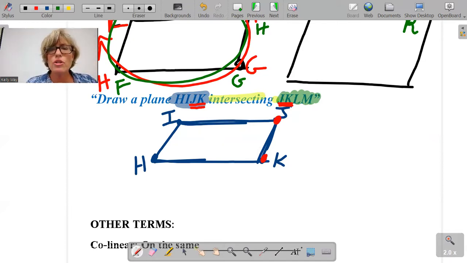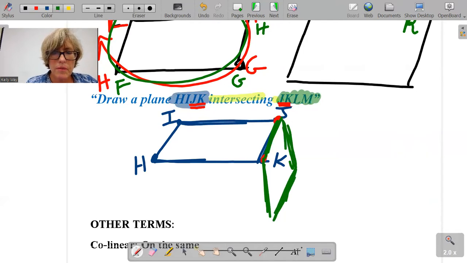So intersecting another plane, JKLM, would look like this, J to K, and oh, wacky, we're going into 3D, friends. JK, counterclockwise, LM.